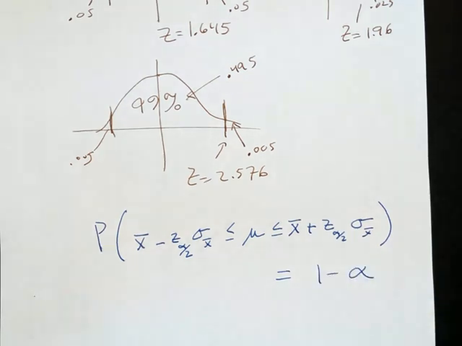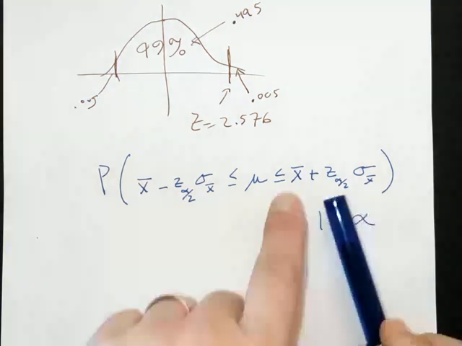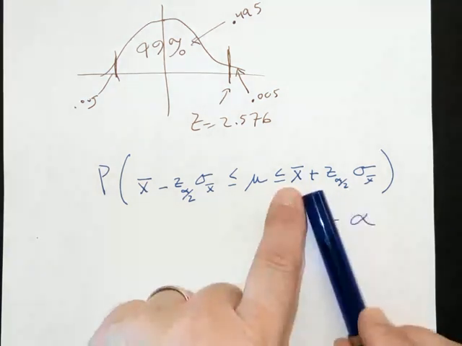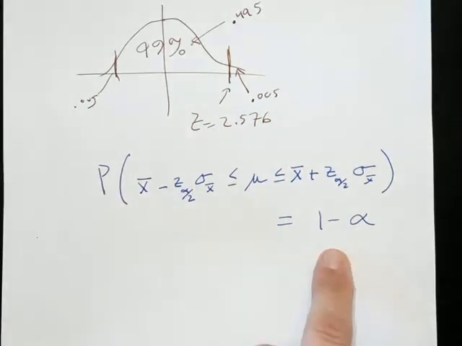My confidence interval represents the chance that the true average is within my margin of error from my point estimate X bar. The probability that the correct average, the population average, is this much above my sample or that much below my sample is my confidence level.